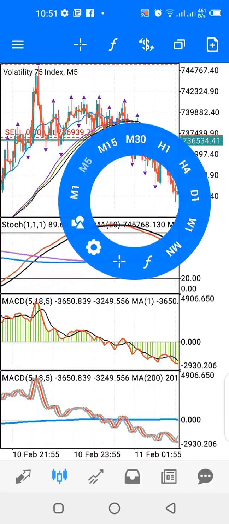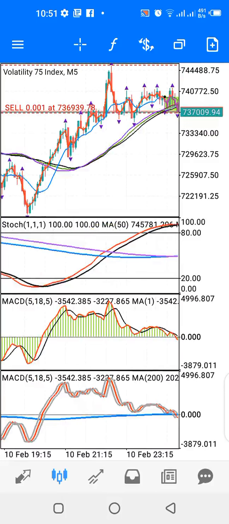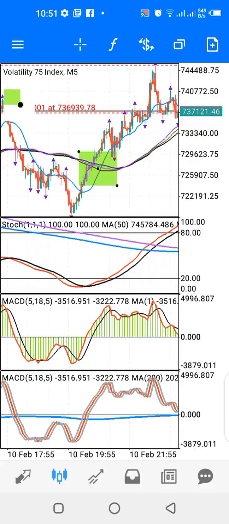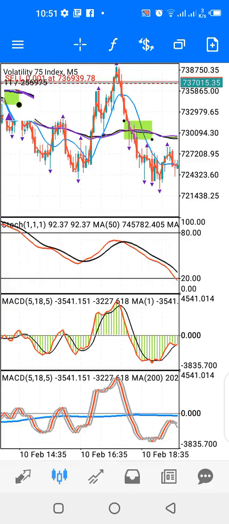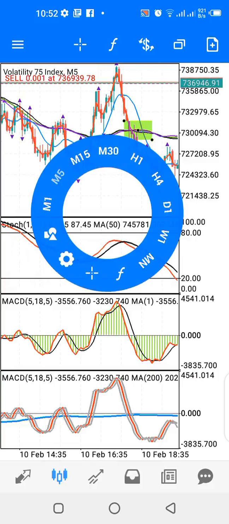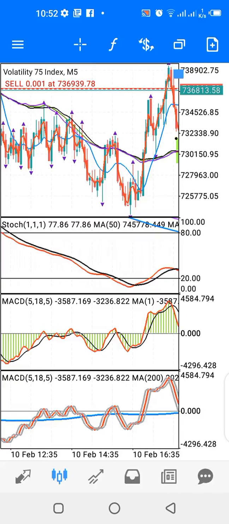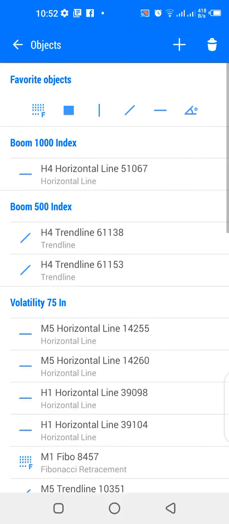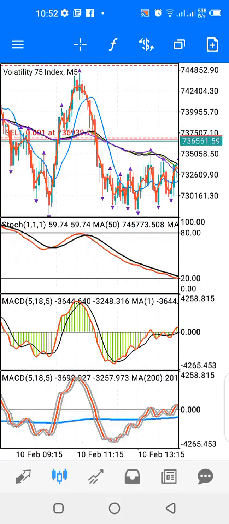If you have a cross down, it's a sell signal. You have a cross up, buy signal. The cross down, like you have around here, it's your sell signal. You have a cross up, like around here, buy signal.